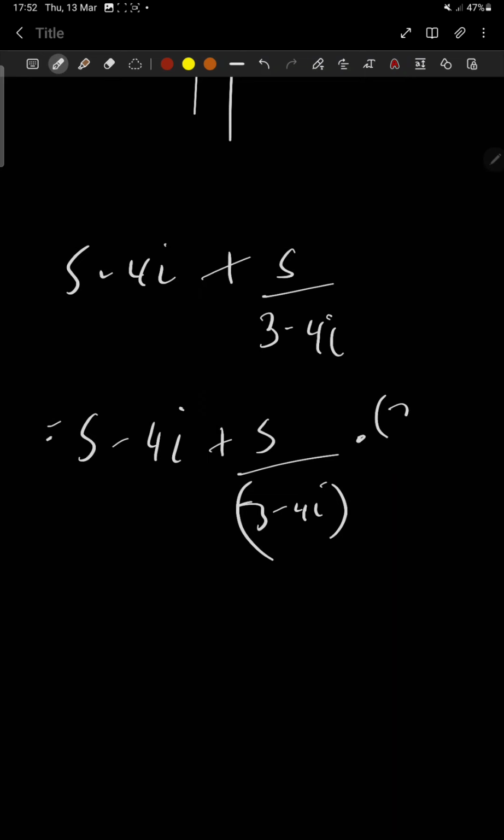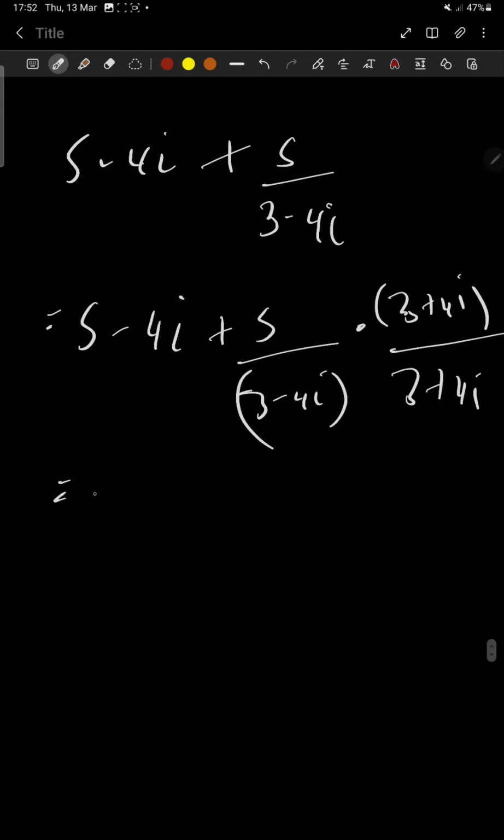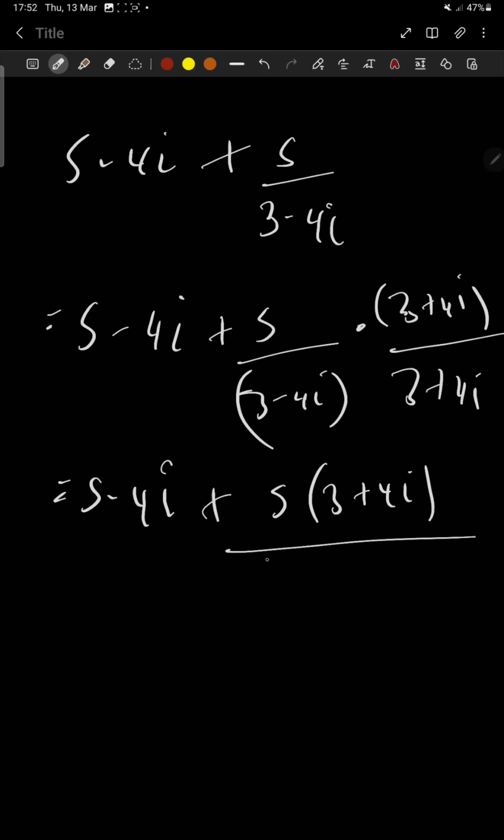What's the conjugate here? It will be 3 plus 4i over 3 plus 4i. Okay, so this will be 5 minus 4i plus 5 times 3 plus 4i over 3 times 3 is 9.